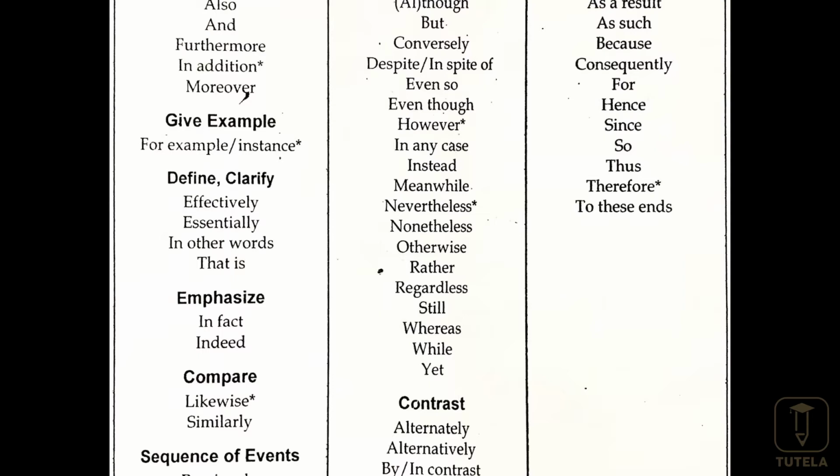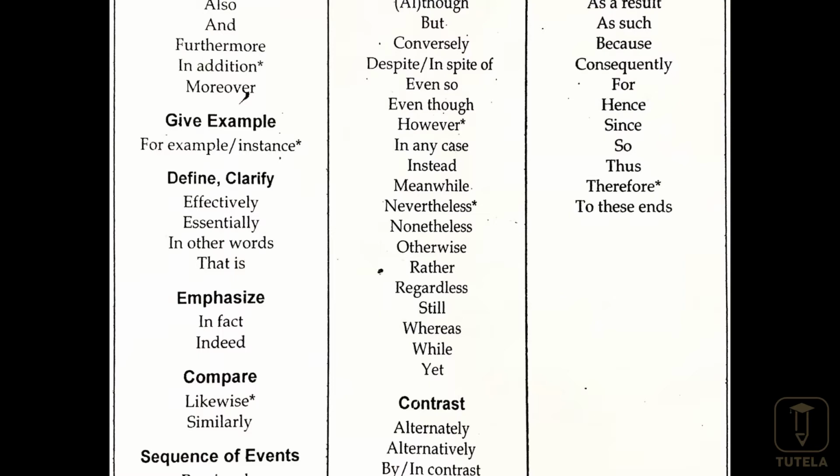There are different types of continuous as you can see. We can use continuous to add information or present an example. We also can use continuous to define something or clarify something, as well as emphasize, compare two similar things, as well as present a sequence of events, also called time words. Transition words play a very important role when it comes to contradicting ideas.